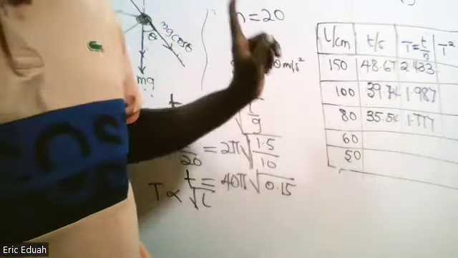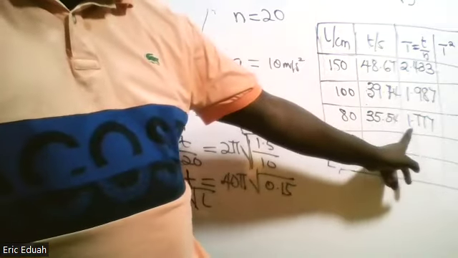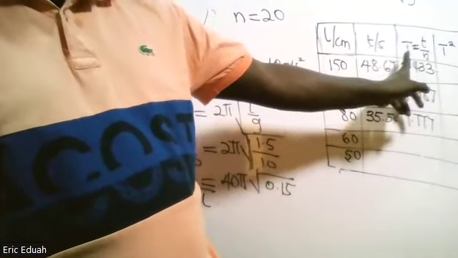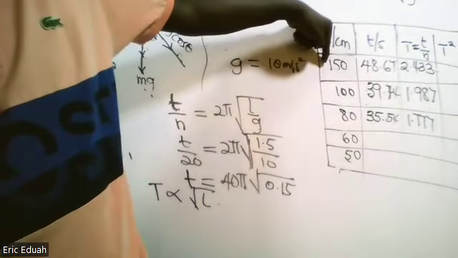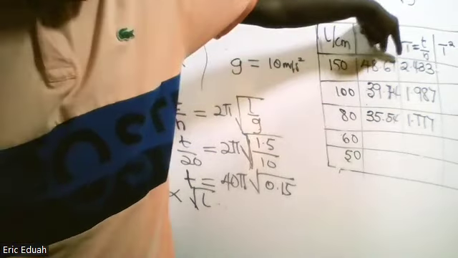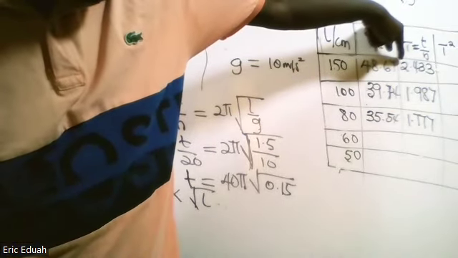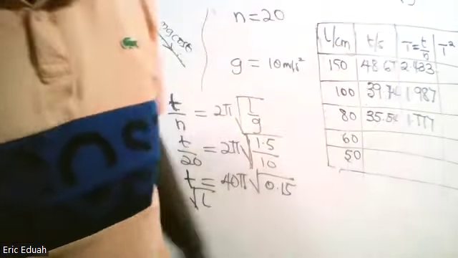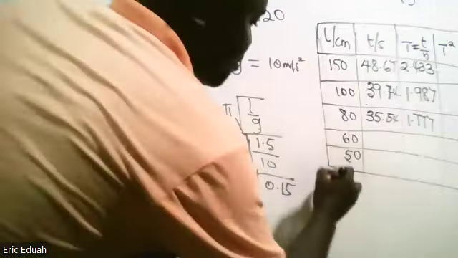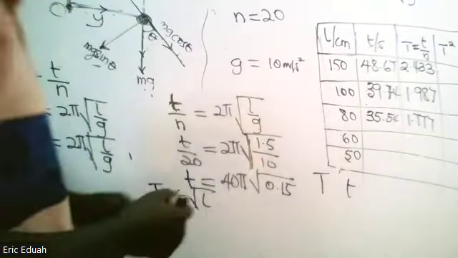Increasing. And look at the value of T. As we go up, T is also increasing. Then as we come down, L is decreasing and the value of the period is also decreasing. So both period and small t follow the trend.